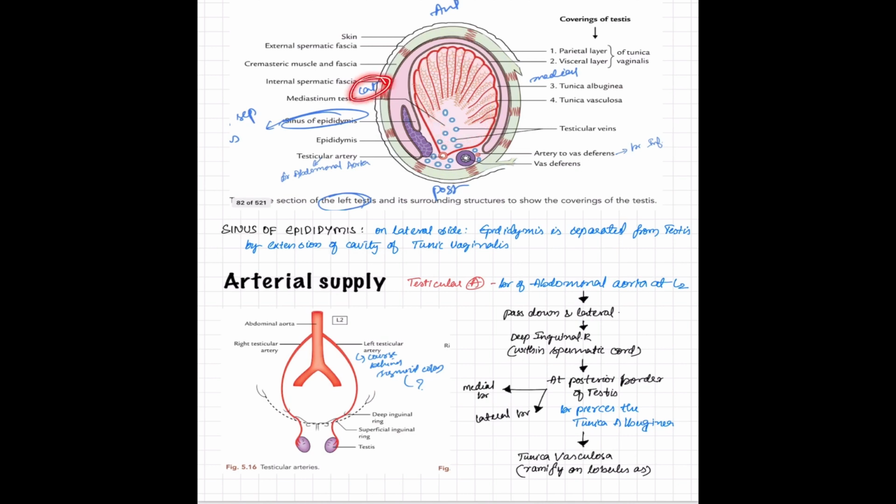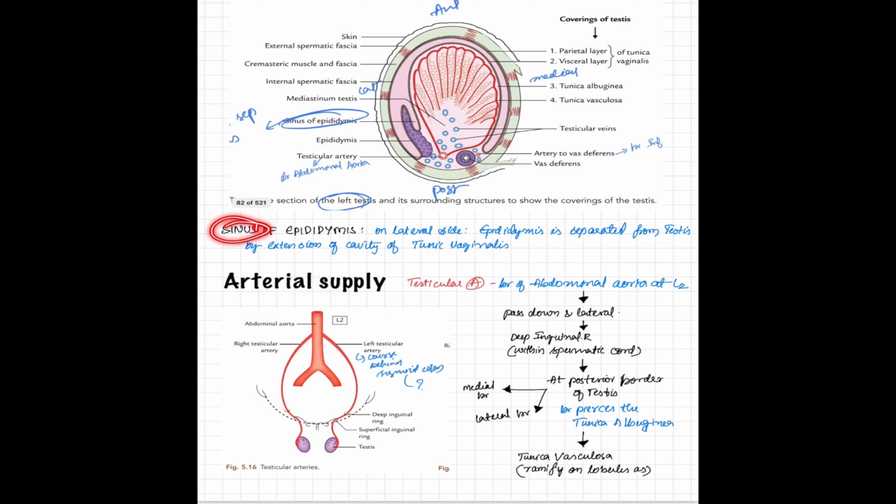On the lateral surface, one important related structure is the sinus of epididymis, and you're seeing that this is continuous with the processus vaginalis tunica. It means the sinus of epididymis is related to the lateral surface of the testis, and here the epididymis is separated from the testis by an extension of the cavity of tunica vaginalis.